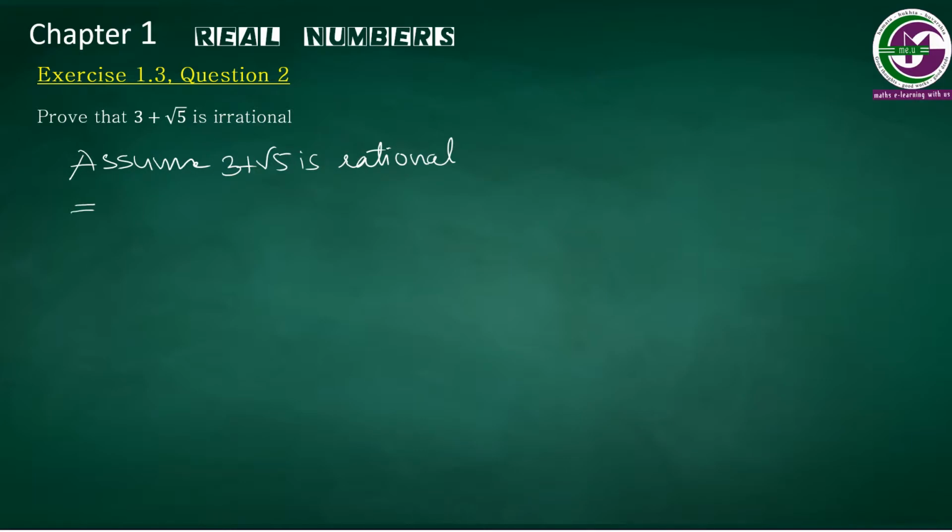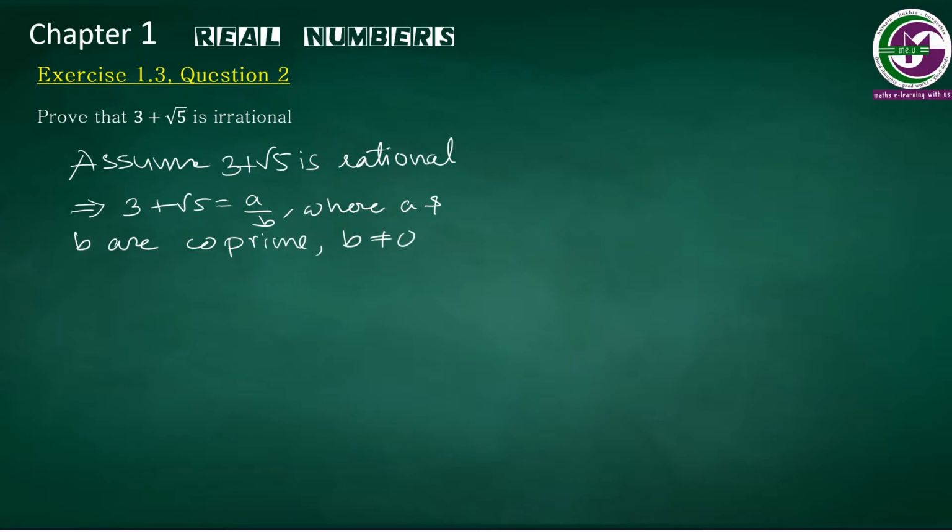So 3 plus root 5 equals a by b, where a and b are coprime and b not equal to 0. For every fraction we should state that the denominator is not equal to 0.